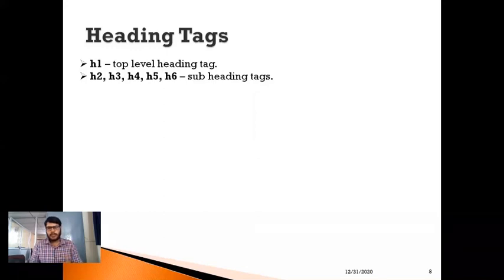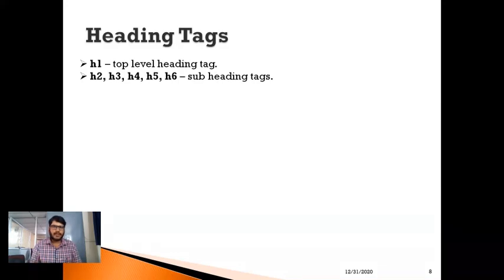In continuation with this, now let us see what heading tags are available in HTML. There are six heading tags, starting with H1, H2, H3, H4, H5, and H6. These are the various heading tags we are using in HTML.